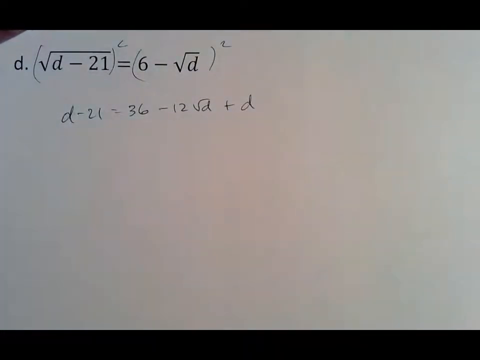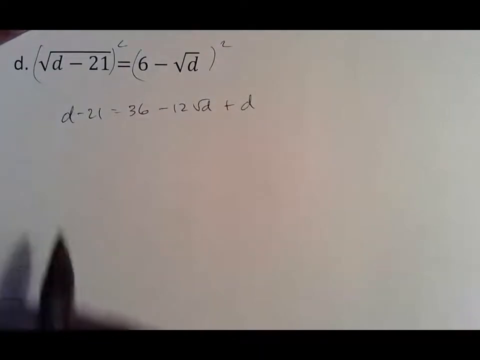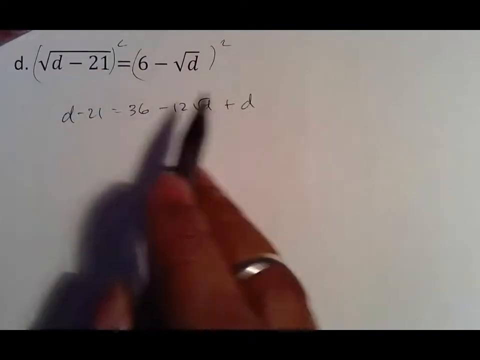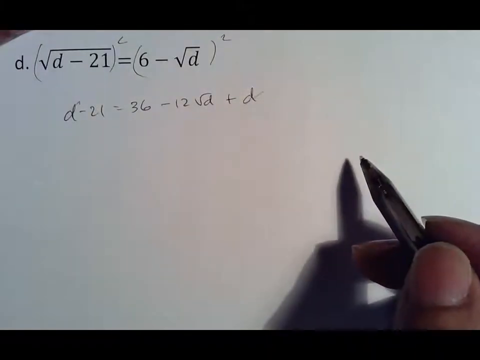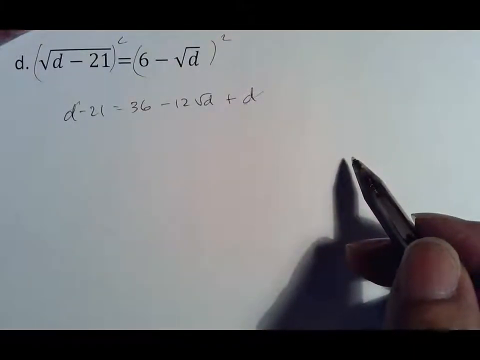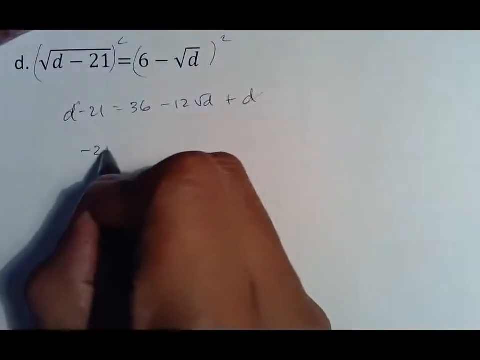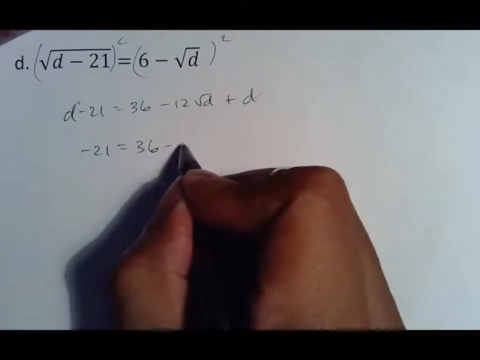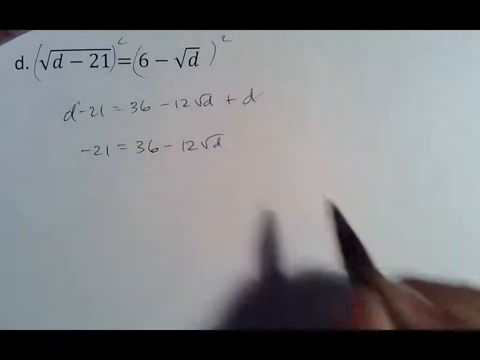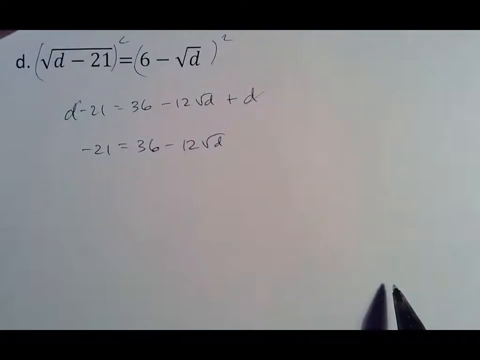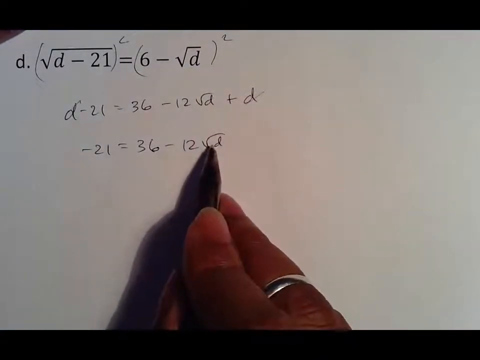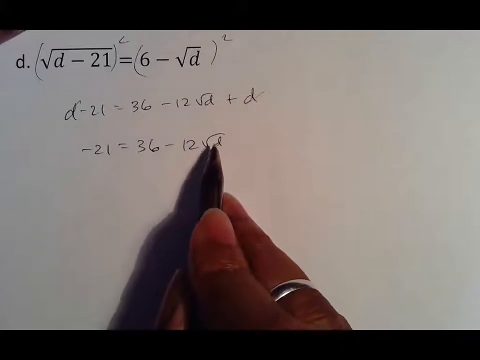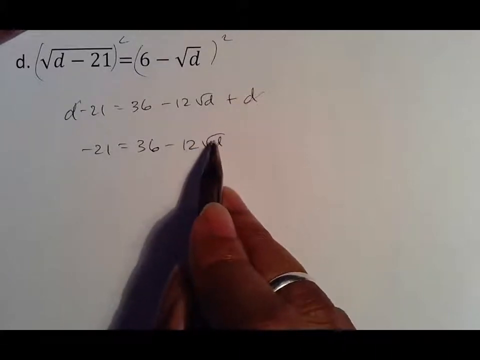Your second step would be to simplify, because there's so much stuff going on. But notice d over here and d over here are going to go away. So you actually end up with negative 21 equals 36 minus 12 root d. Now what we are going to do is get this by itself, because just like what we just learned, I cannot solve until the root is by itself, so I'm going to move the weaker.